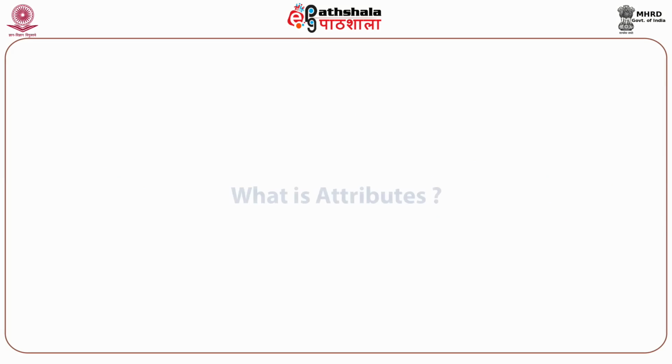Then comes what are attributes. Each entity has attributes. You cannot say no, everybody will say yes, because each entity must have attributes. What is an attribute? The properties which describe the entity. I am giving a very simple example by which we can understand very clearly. A person is an entity. How will my entity be described?